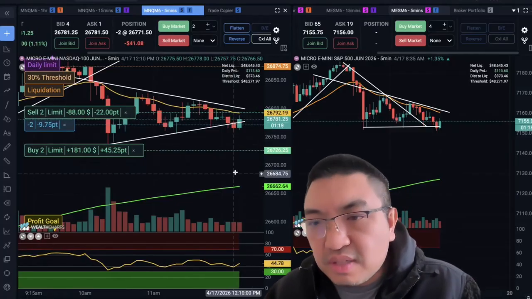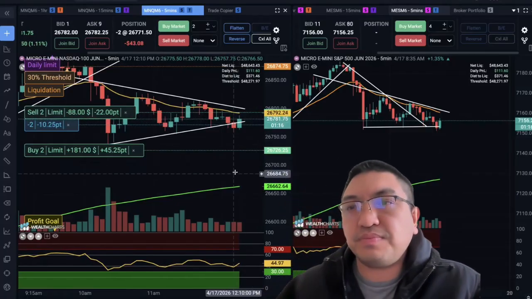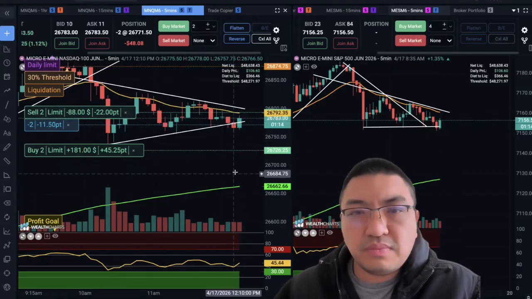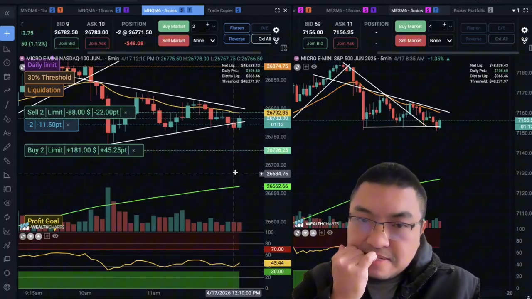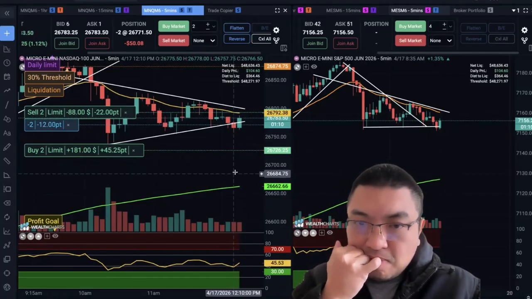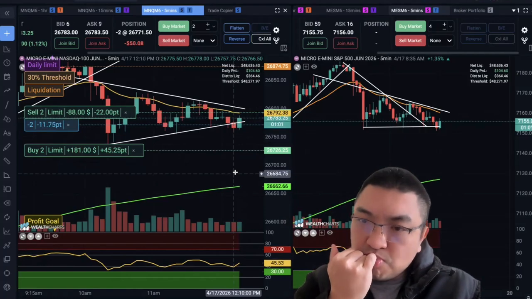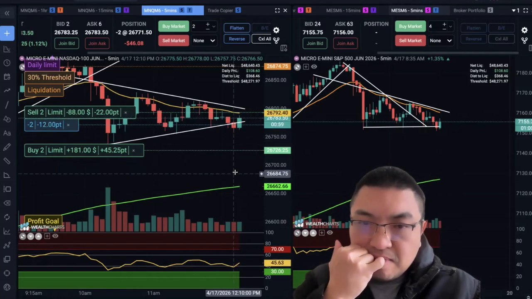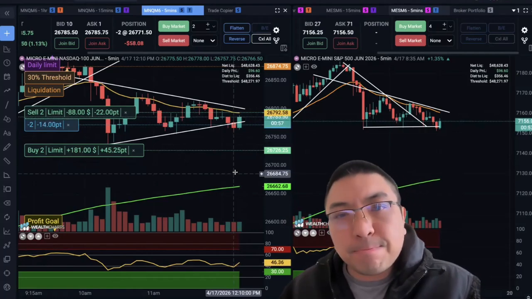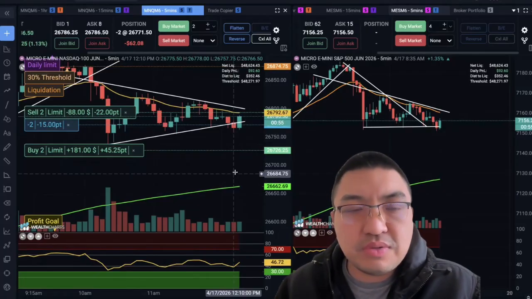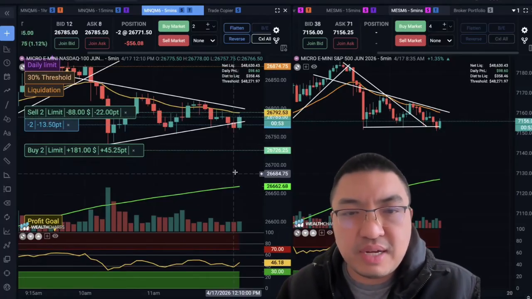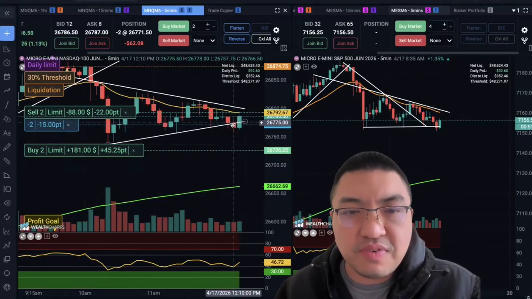NQ is still engulfing. ES is even. So still cannot do a breakout. See, fake breakout up for 5 minutes.